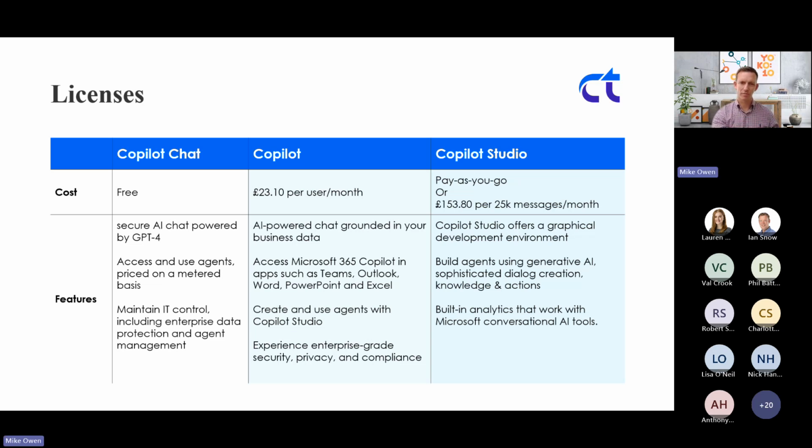All of these Copilot licenses that we have here are effectively a per user license. But the access to the agents in the free Copilot Chat is a pay-as-you-go metered option, and you do need to have an Azure subscription to be able to calculate the cost as we go.